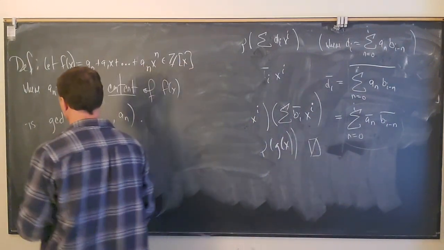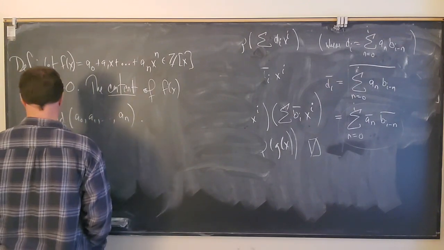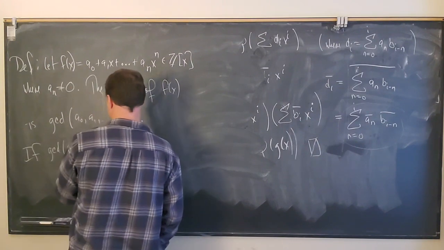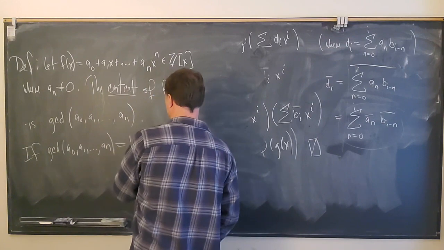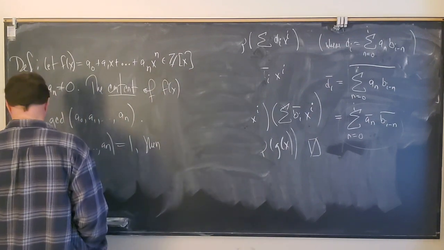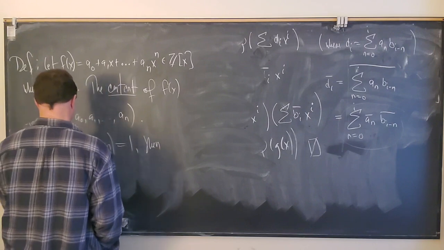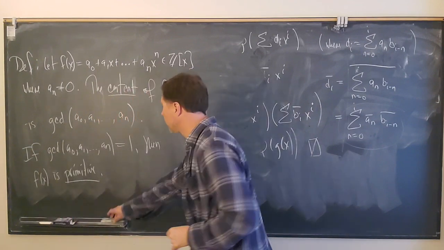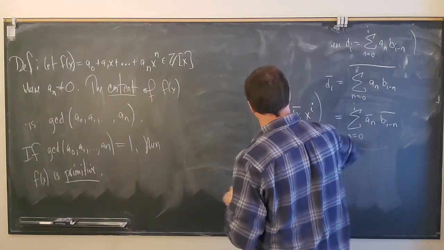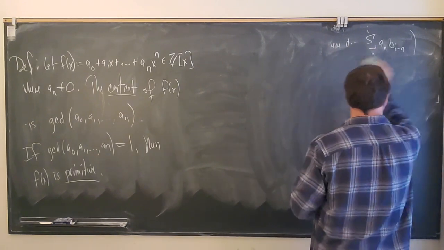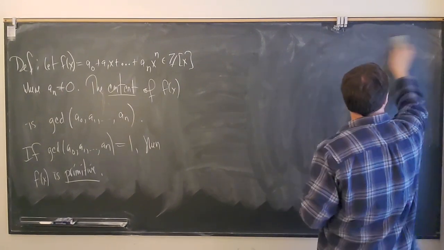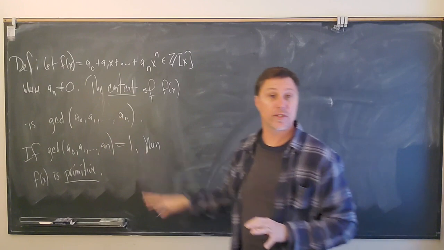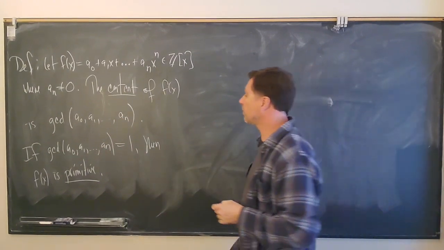Now, if the GCD of a_0, a_1, up through a_n is equal to 1, then we say that the polynomial f of x is primitive. So if you have a polynomial, you take all the non-zero coefficients and find the GCD. That number is called the content. In the case that the GCD is equal to 1, when the coefficients of your polynomial are relatively prime, we say that you've got a primitive polynomial.